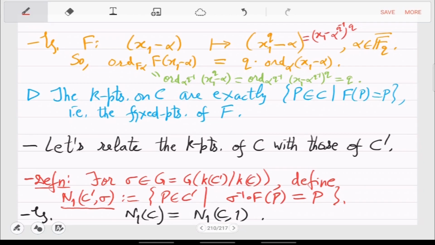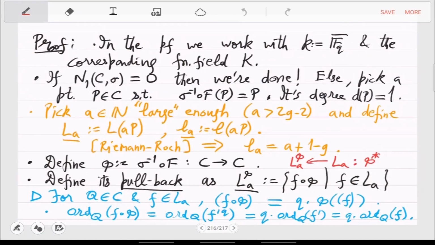Then order q of c sigma inverse of q I think should be there in order q f prime. Would it be sigma inverse? Where? Order q f of sigma, then won't you have to act order q times order q f prime, and this q prime has to be like sigma has to act on it. Oh, in the last step. Yeah, in the last step, I should apply something. What should I apply?